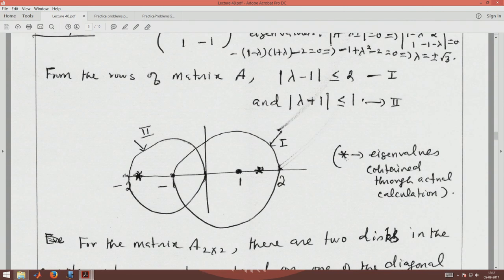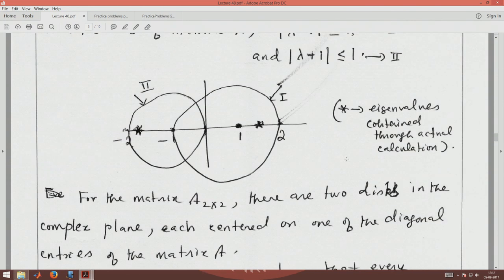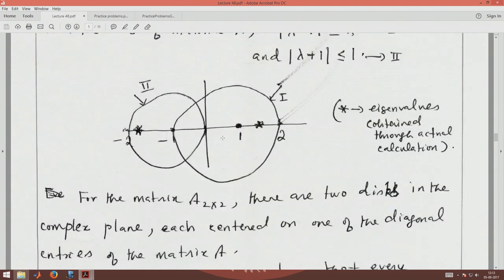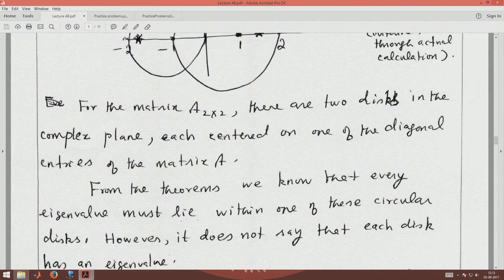We observe that for this matrix A, there are two disks in the complex plane, each centered on one of the diagonal entries A11 and A22.